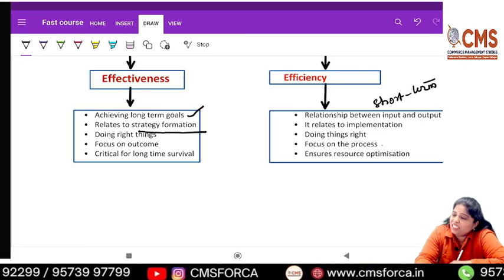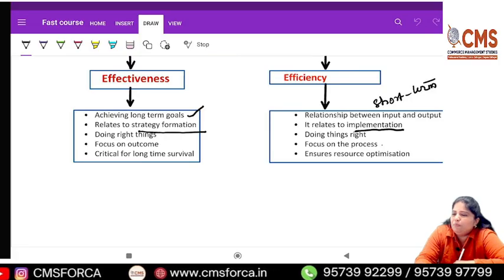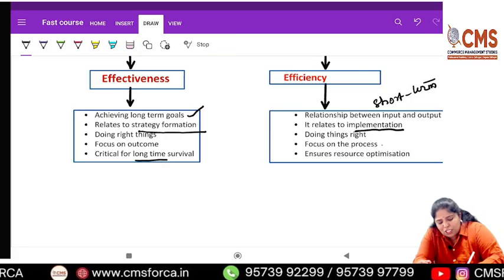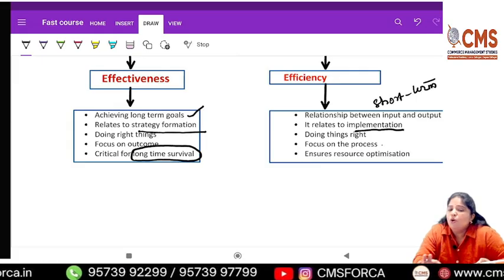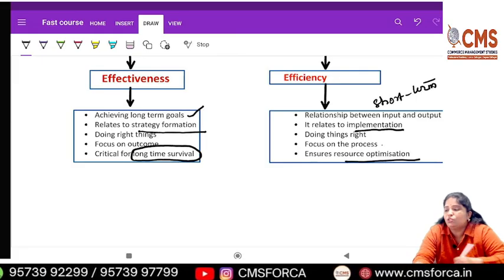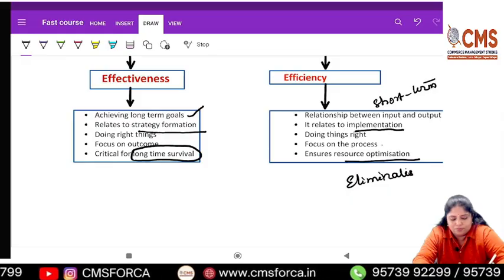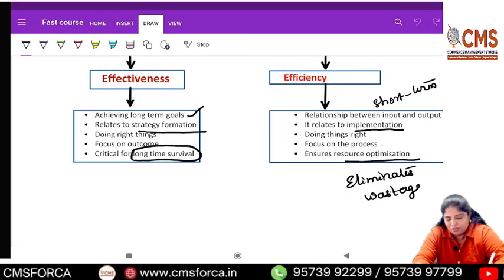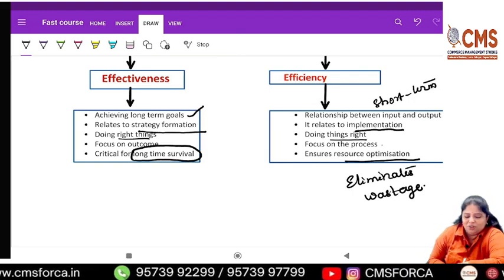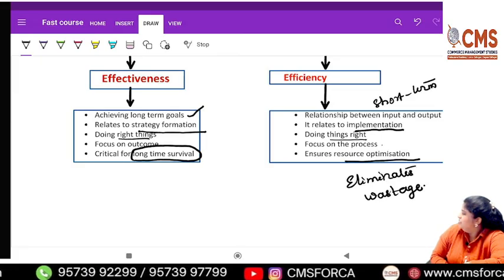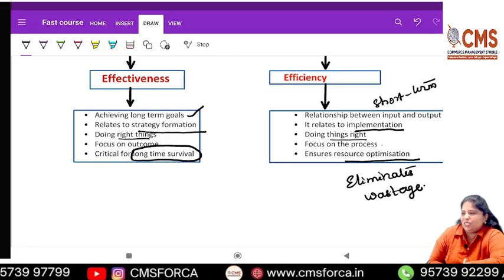Effectiveness relates to strategy formation. Efficiency relates to strategy implementation. Effectiveness provides long-term survival, whereas efficiency ensures there is no wastage of resources. Resource optimization eliminates wastage. Doing right things, doing things right. So that's how we have a quick comparison between effectiveness and efficiency.